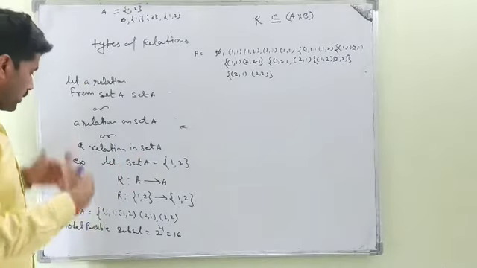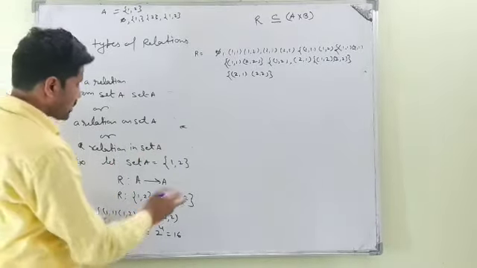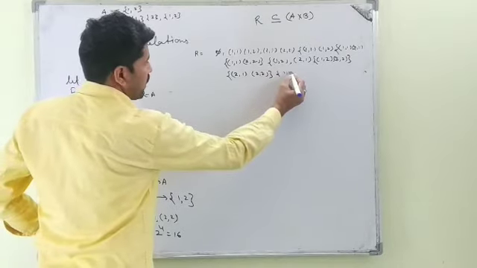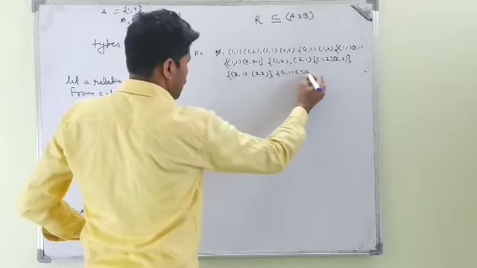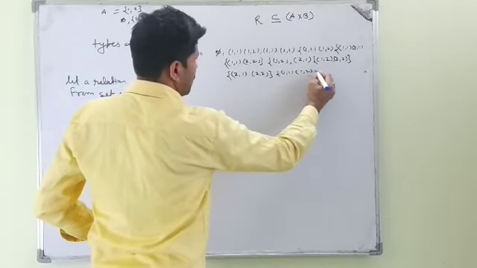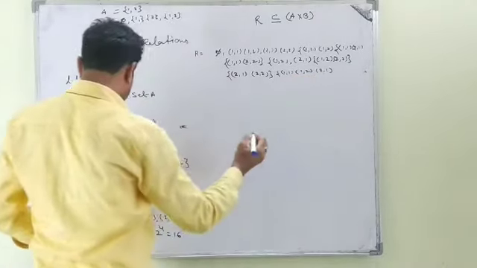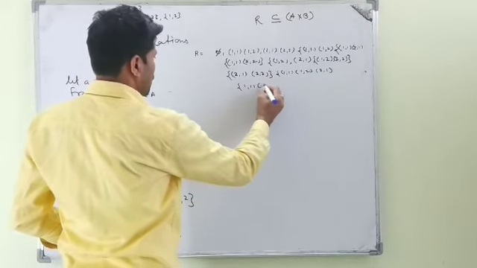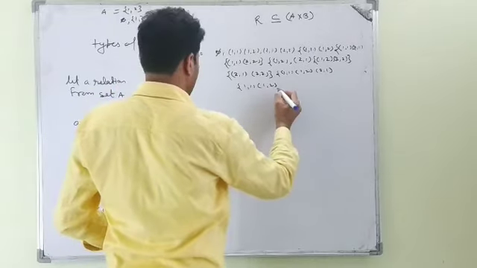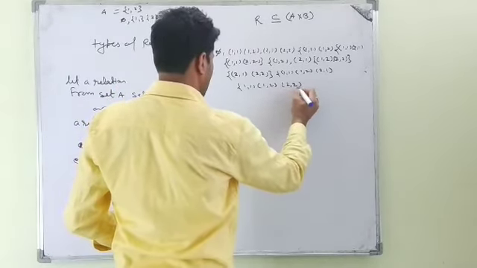Now we will take the pairs of three elements each. This: (1,1), (1,2), (2,1). I know it is very difficult, but the concept is required. Second is (1,1), (1,2), (2,2).